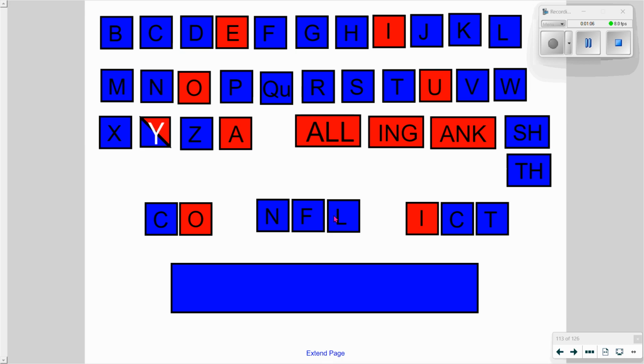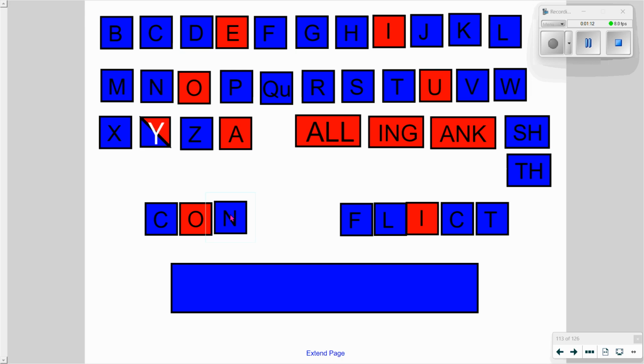Remember, the rule we learned last time was that you will take 2 of them and go to the right and 1 and go to the left. So that's the 1-2 split. So this word would be a closed syllable at the beginning. So it would be con and then flict, conflict. That's what we learned last week.